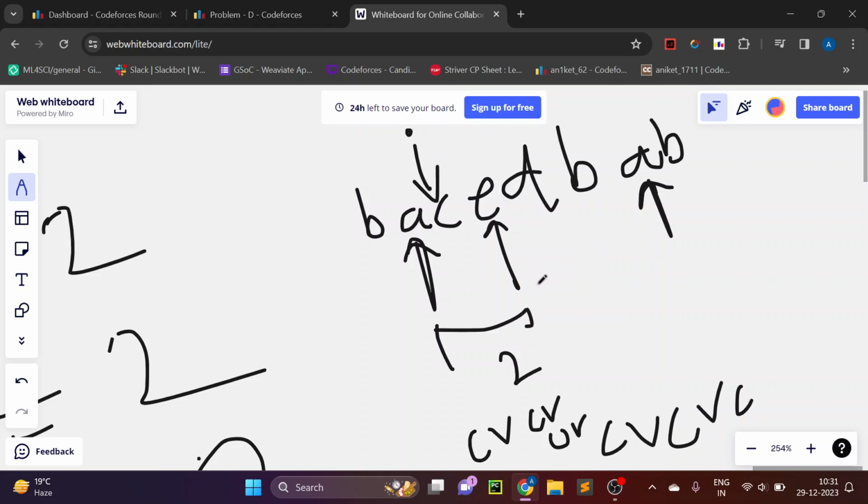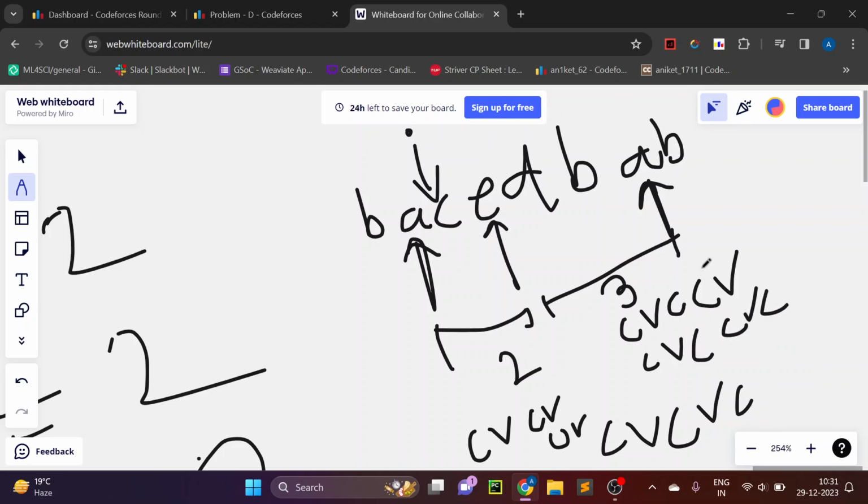Now for the next, let's say E and A are consecutive vowels. The difference between them is 3. This type of pattern is CVC, CV or CVC, CVC. So after the vowel and one consonant, I have to add a dot. So after E, we have to skip one consonant, which is D, and add a dot here.